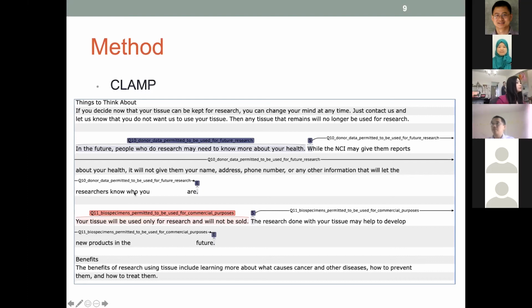So for example, in this document, here's a sentence that we marked as donor data permitted to be used for future research, and also the next sentence. And here is a sentence marked as biospecimens permitted to be used for commercial purposes. And the next one is the same.